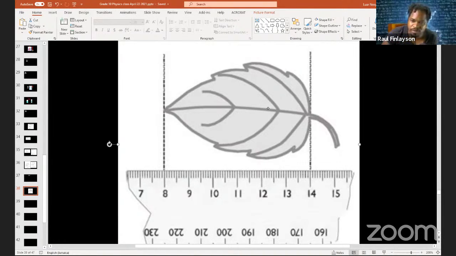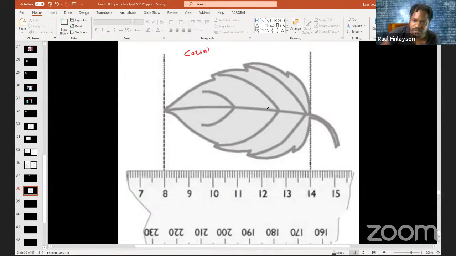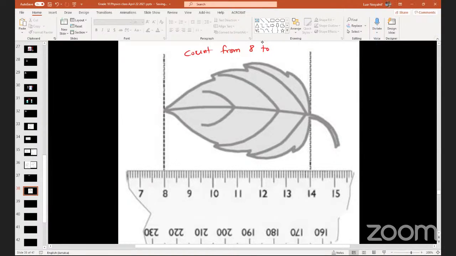So you count from where the leaf starts, which would be 8, to what number? 14.